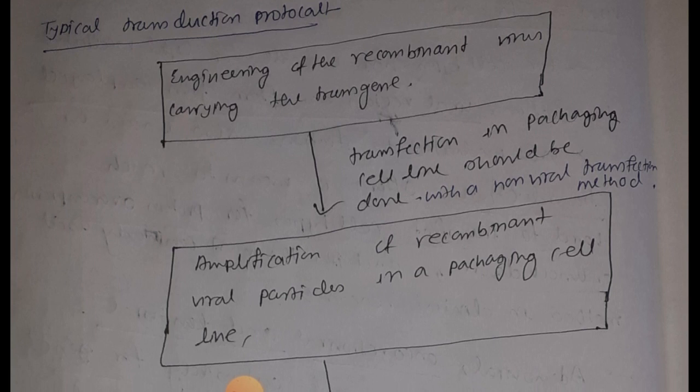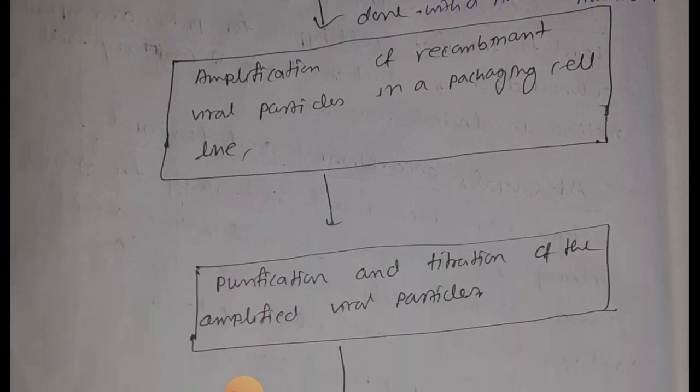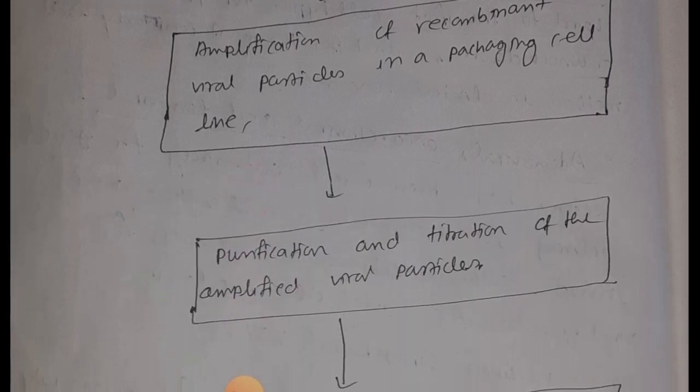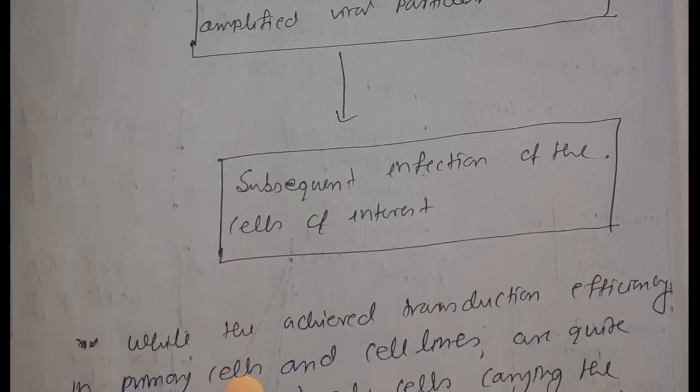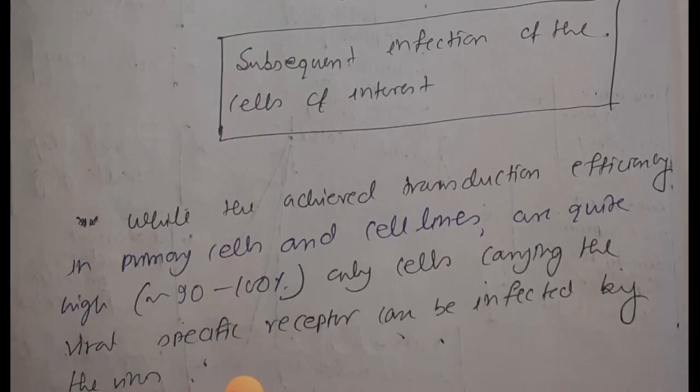After amplification, the amplified viral particles will be purified and we will also apply titration on them. Then we will apply them subsequently into another cell of interest. Okay, that is our main transfection procedure.